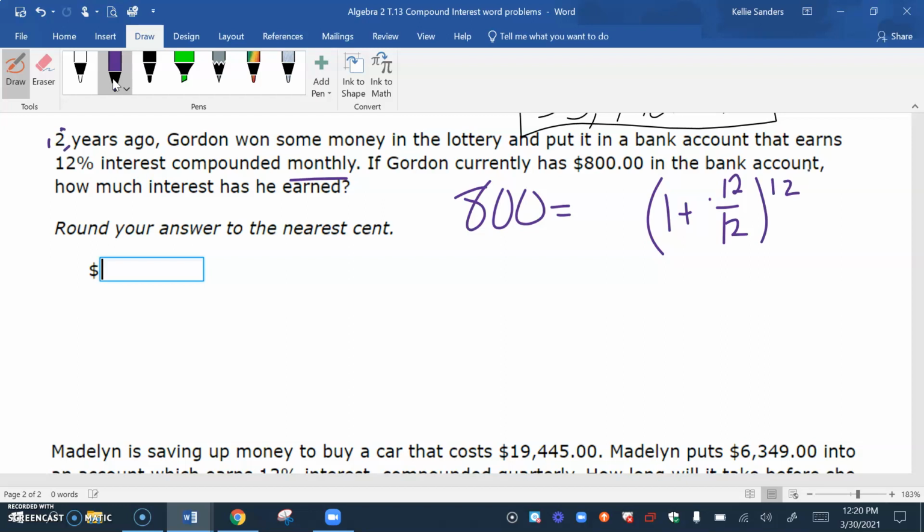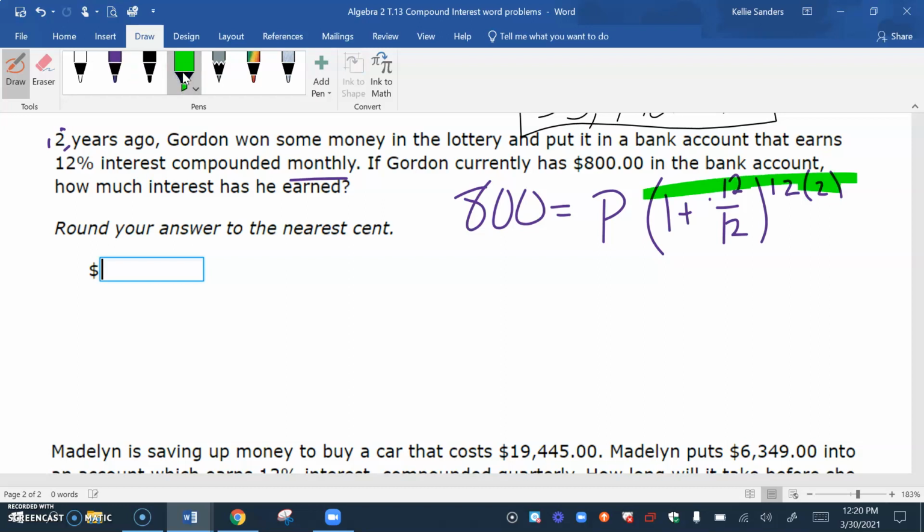And it was 2 years ago, so our T is 2. How much interest has he earned? The only thing they didn't give us is how much he put in. We know now that he has 800. So if I can find out how much he put in, we're going to subtract those to figure out how much his interest was.